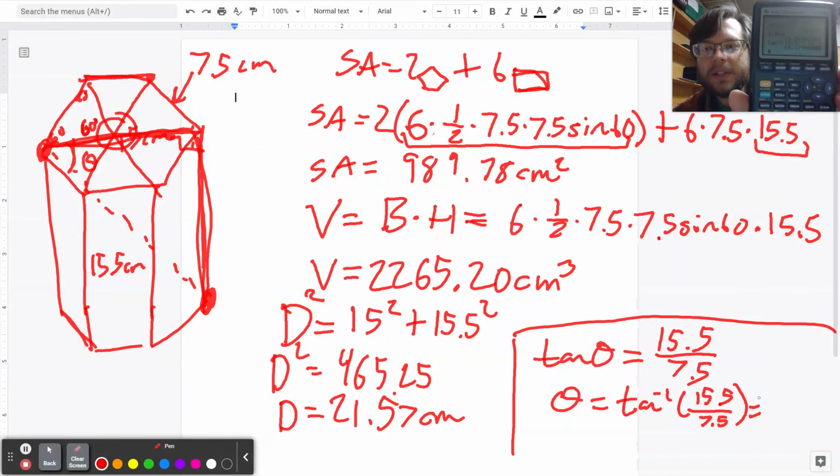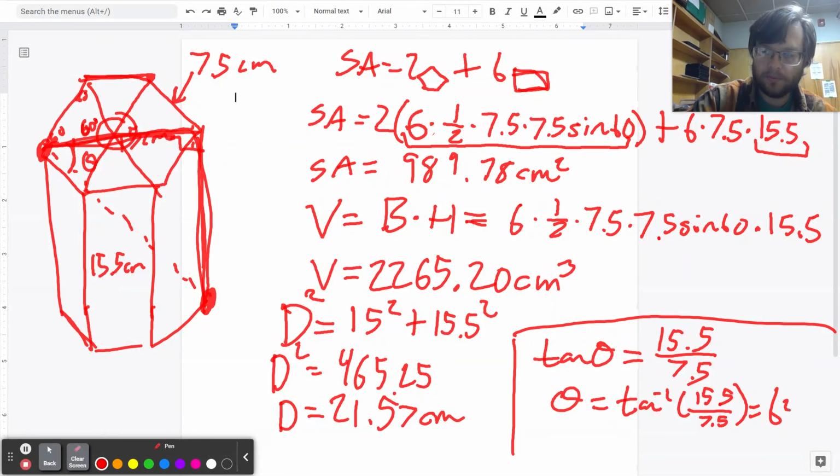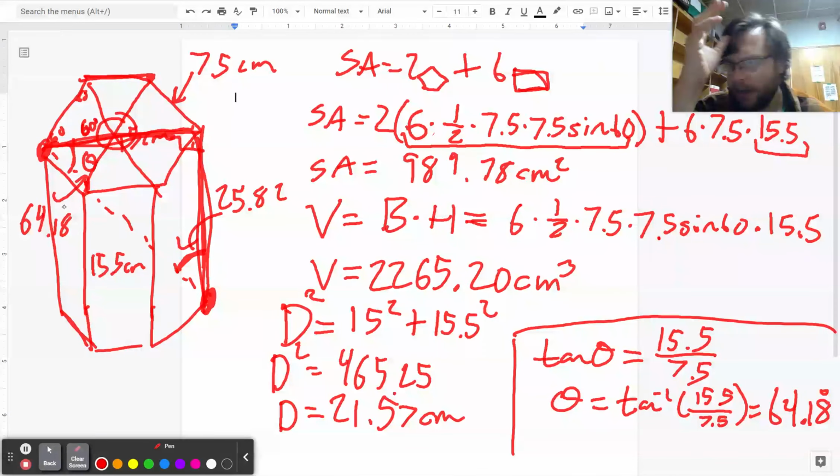Comes out to be about 64-ish degrees. And then because I'm feeling a little extra, I guess this angle down here I can find by taking away from 180 degrees the 90-degree angle in the other one. And so I get that this has to be about 25.82 to match up with this one being 64.18. And there we go.